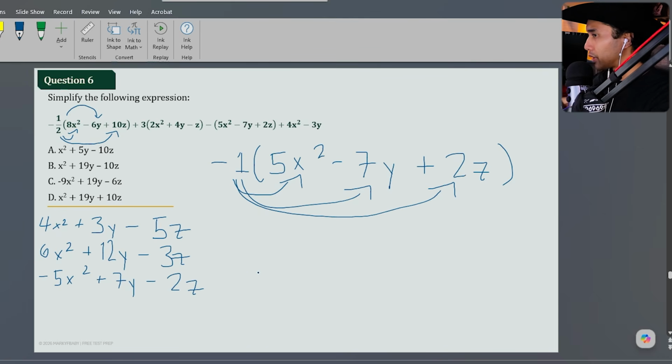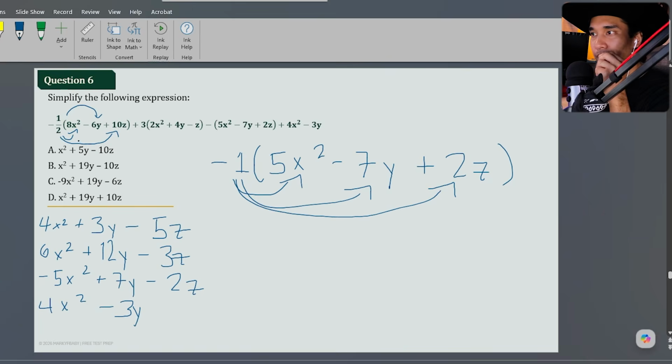Okay, we almost have our terms. And I have 4x squared minus 3y. And I did notice I made another mistake here. Look, negative 1/2 times 8x squared.